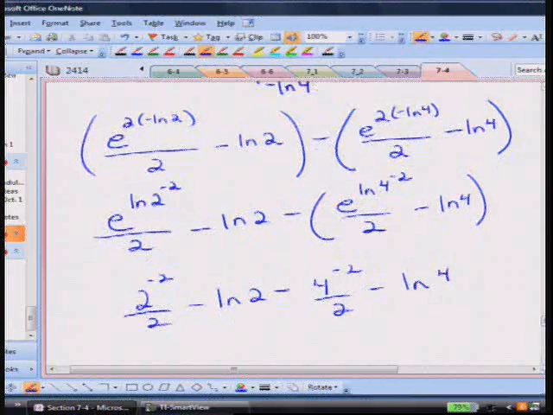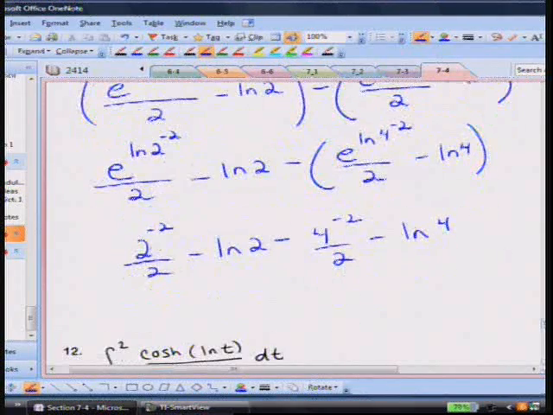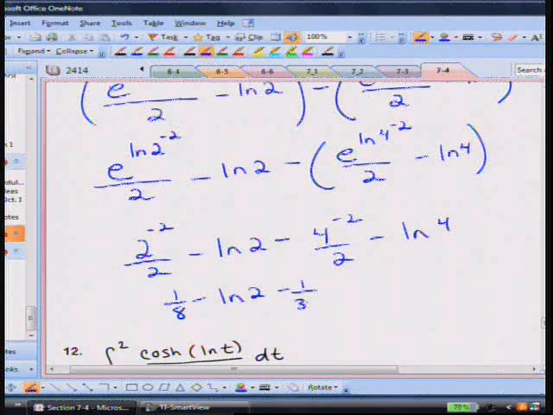And then this is 1/4 over 2, which is 1/8, minus ln 2. This is 1/16, so this is 1/32, right? Minus ln 4. So this is 4/32, right? So that would be 3/32.